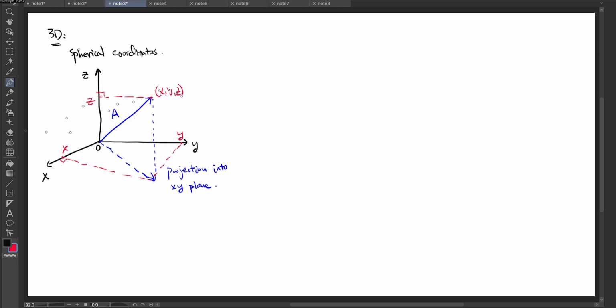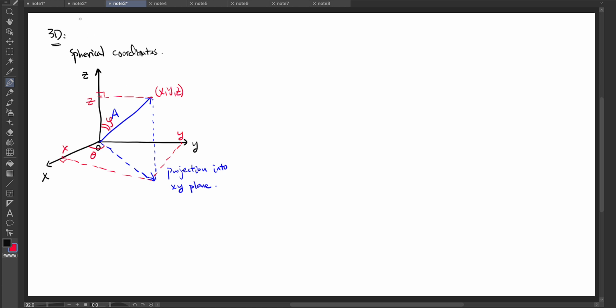But we can also use two other angles to represent the same quantity. The first one is this angle. Let's give it a name, let's say theta. And the angle with respect to the z-axis, let's call that angle phi.